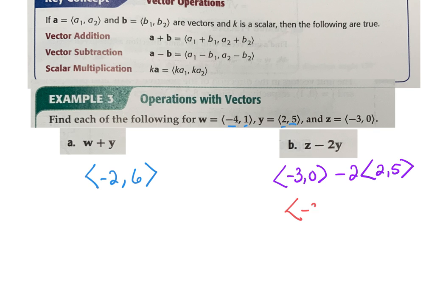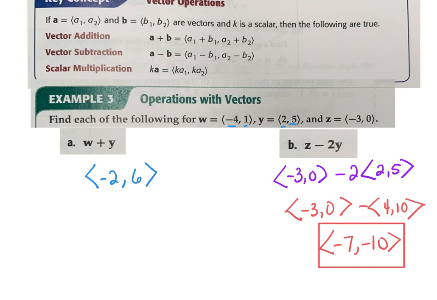So I have -3, 0, minus 4, 10. -3 minus 4 gives me -7. 0 minus 10 gives me -10. So same concept as any other solving that you've done over the years. So for the first one, you should have gotten -19 and 4. And the last one, 3 and 22.